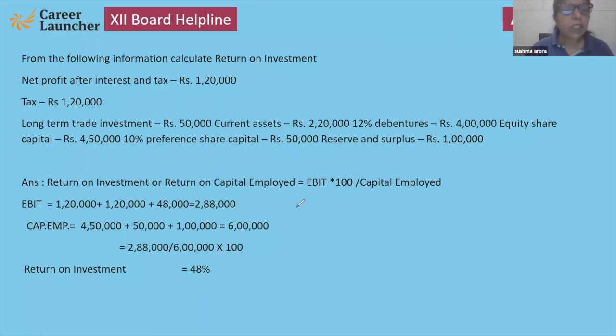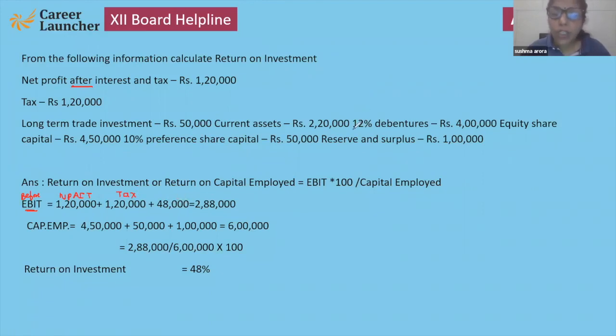Net profit, be careful, this is given after. So what to calculate? Just calculate before. This is net profit after interest and tax. So what to do? Just add the tax. And add the, yes, interest.